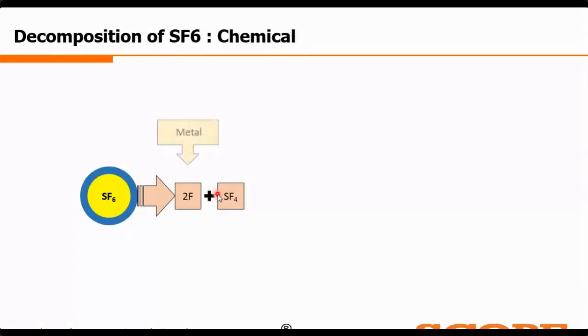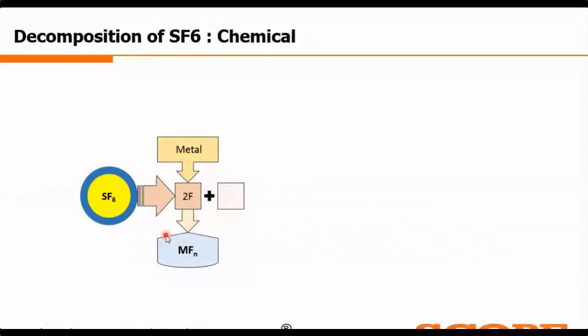F minus, as you know, is very highly reactive, since fluorine is the most electronegative element as per the periodic table. So F minus will quickly combine with the positive ions of the metal and form the metallic fluoride. This is a very stable product, which will be there in the SF6 gas compartment once the disintegration starts.